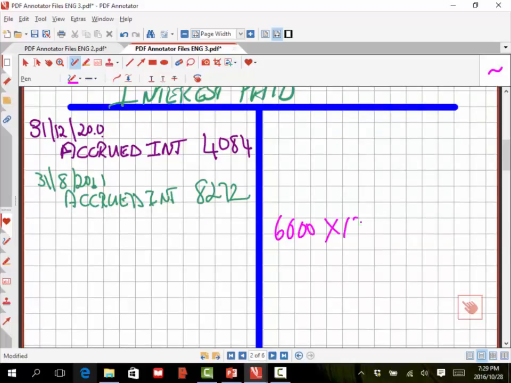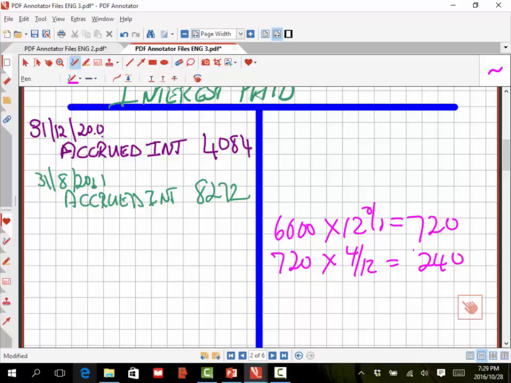6,000 times 12% equals 6,000 times 0.12, 720. 720 times 4/12 equals 240.